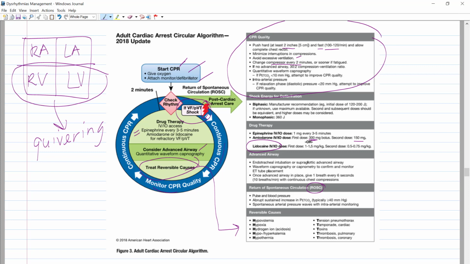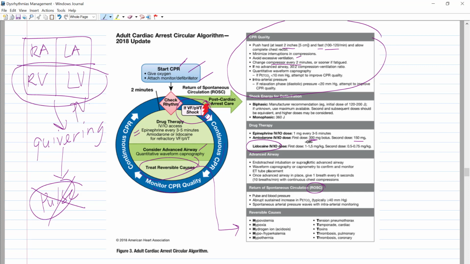However, it doesn't create enough circulation and enough perfusion. That's why when you assess the pulse of the patient using their carotid, there is no pulse, because the quivering of the ventricles is not enough to deliver enough perfusion and circulation in the body. That's why you cannot find the pulse. But your goal is to restart the heart because they are quivering. That's why you have to defibrillate first.